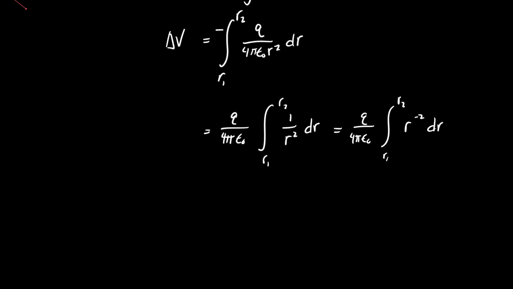So for the sake of this antiderivative, I'm going to add 1 to that exponent. That's going to give me r to the negative 1. And I'm going to divide by the new exponent, which is negative 1.